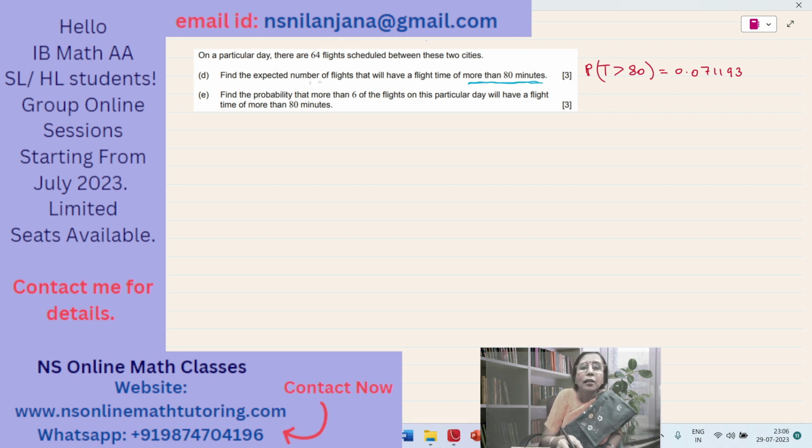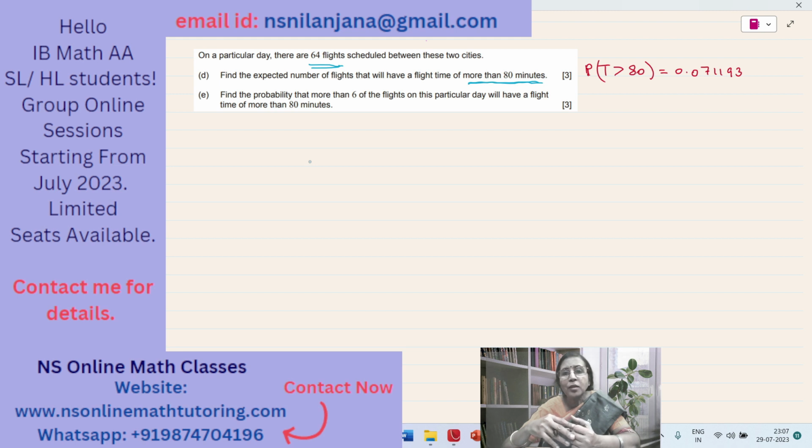There are 64 flights between these two cities on that particular day, and we have to find the expected value. So with 64 flights, it should be a discrete distribution, not a continuous distribution. Flights cannot be 64.5. It is a discrete variable. And there are only two possibilities: either the flight time will be more than 80 minutes or less than 80 minutes.